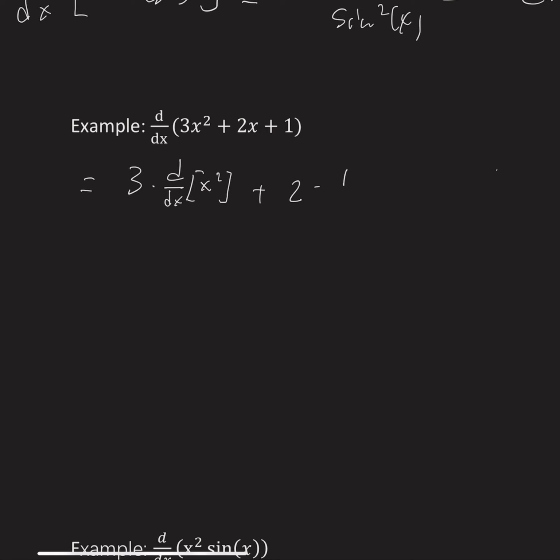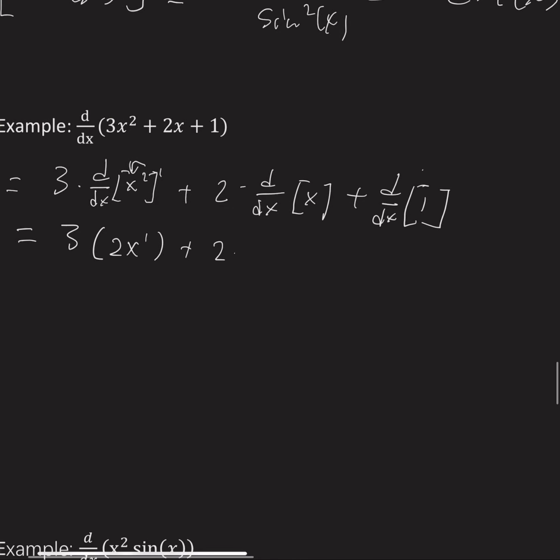Plus 2 times the derivative of x, plus the derivative of 1, which is equal to 3 times, you move the exponent to the front, and that's 2x, and you subtract the exponent by 1, 2x to the first power.